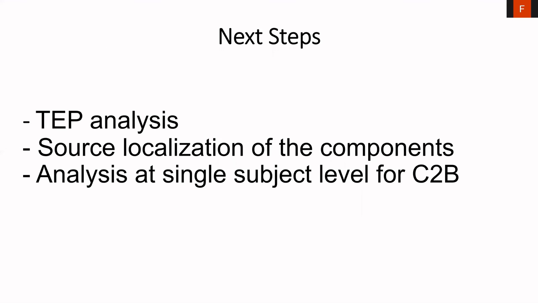And then if the analysis reveals itself robust enough, I would be interested in the use of such an approach for the analysis of single subject data, even in the context of connectome brain.